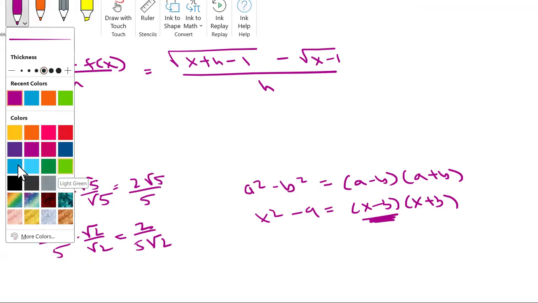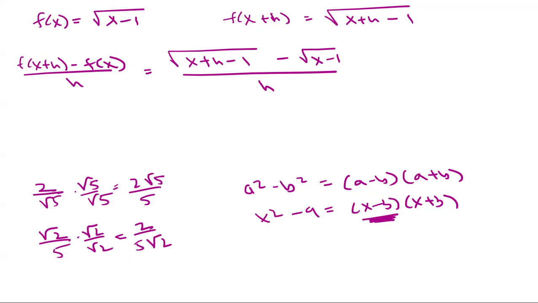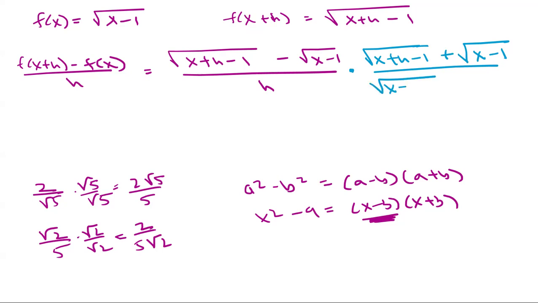So we have the square root of x plus h minus 1 minus the square root of x minus 1. That means I'm going to multiply by the conjugate, which is the opposite of this. So that first term is going to stay the same, but instead of having a minus in the middle, now we're going to have a positive, and then still have the square root of x minus 1, divided by, again, it's like multiplying by 1, so we have to do it again for the bottom.